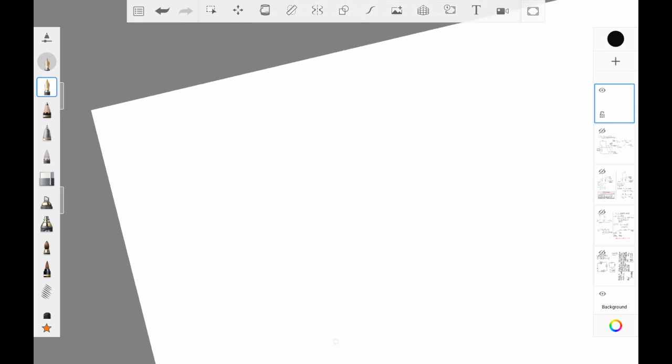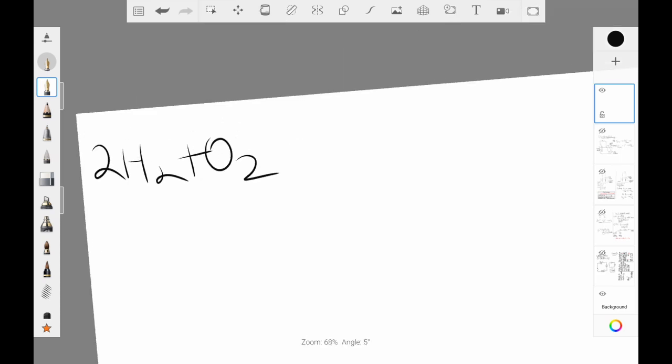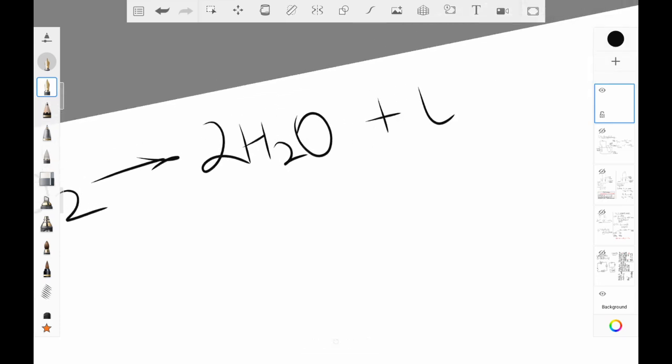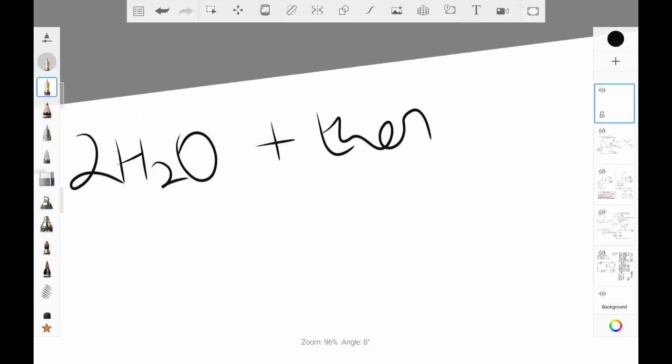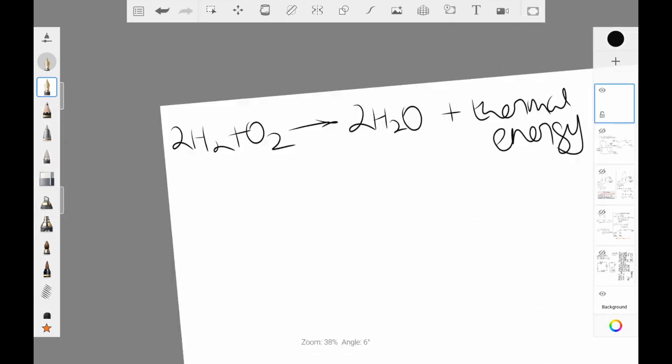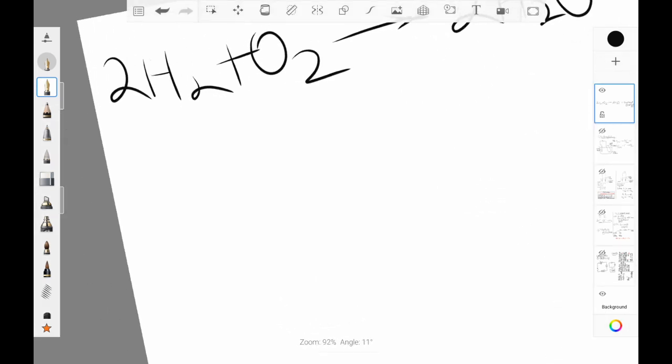Basically, when hydrogen and oxygen react, they produce water and thermal energy. Now, this is a normal reaction.